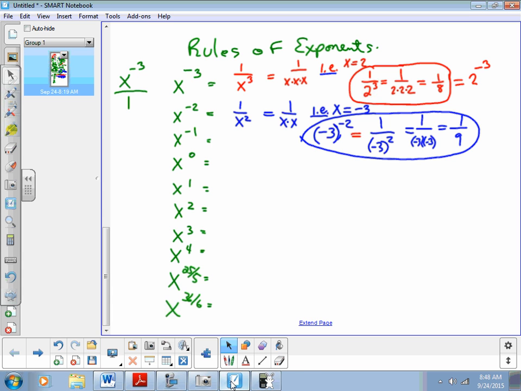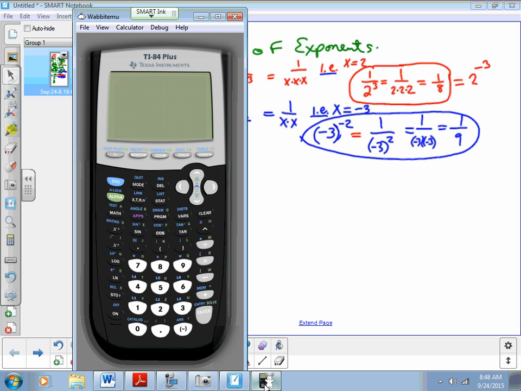With your graphing calculator, do me a favor, type in 2, raise it to the -3 power, but use this minus sign right there. Go ahead and hit enter. And we get 0.125, right?